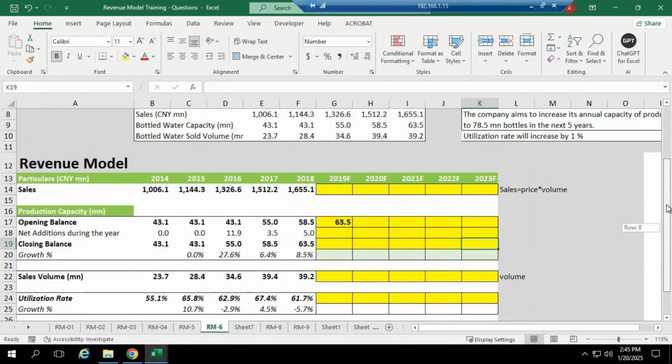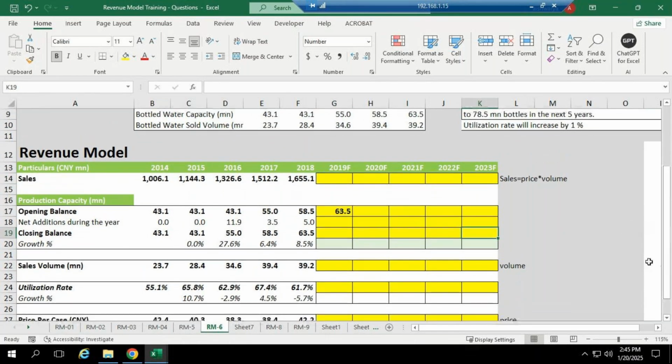So now the last will be 78.5 million bottles. So this one you have to calculate.